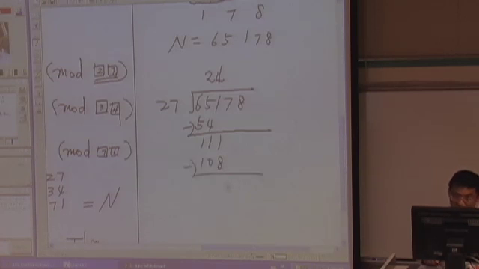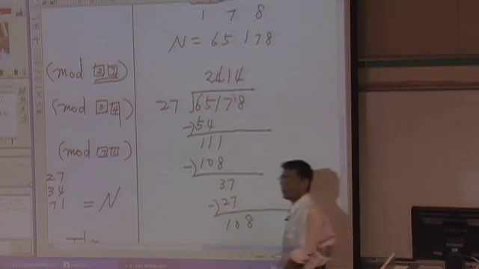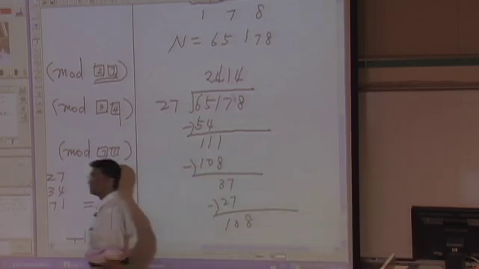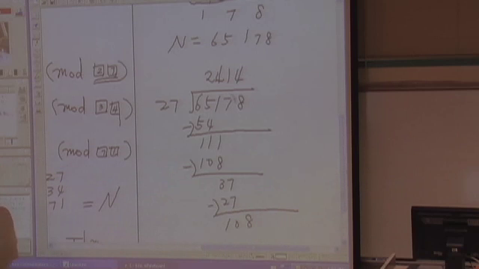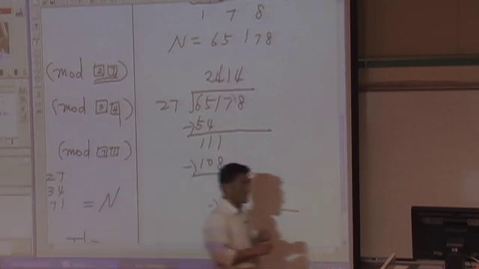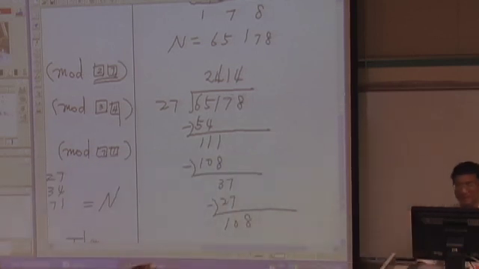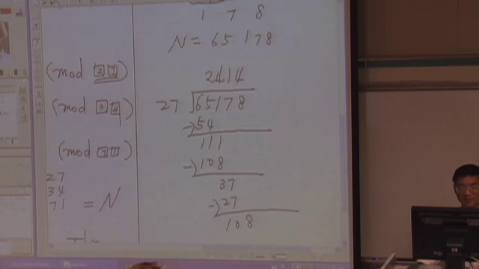Then it is like 37. Then it is like 108, then 4, right? So it is 2414. So unless you stop me, I will go to the next page.